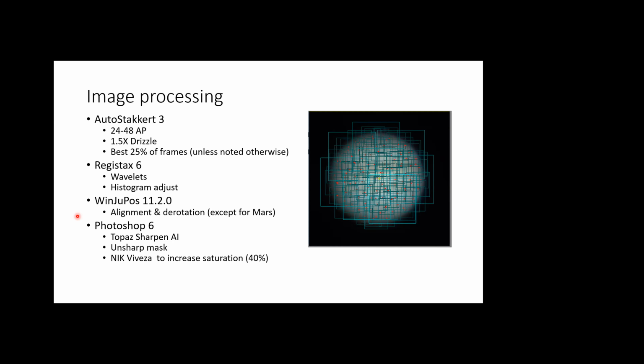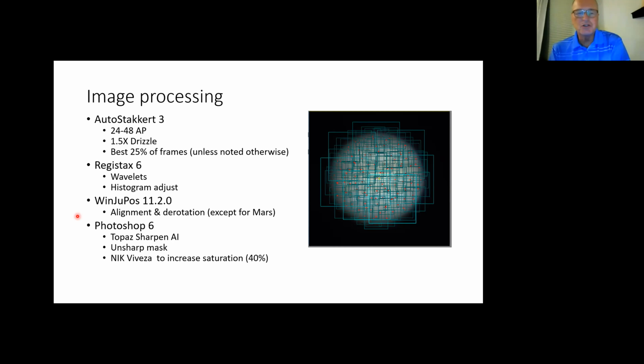Finally, I sharpened the images in Photoshop CC using a couple of different sharpening tools, Topaz Sharpen and Photoshop's Unsharp Mask tool. Then I boosted up the color saturation using another add-on, Nik Vivezza. So the images were all processed pretty much the same way.